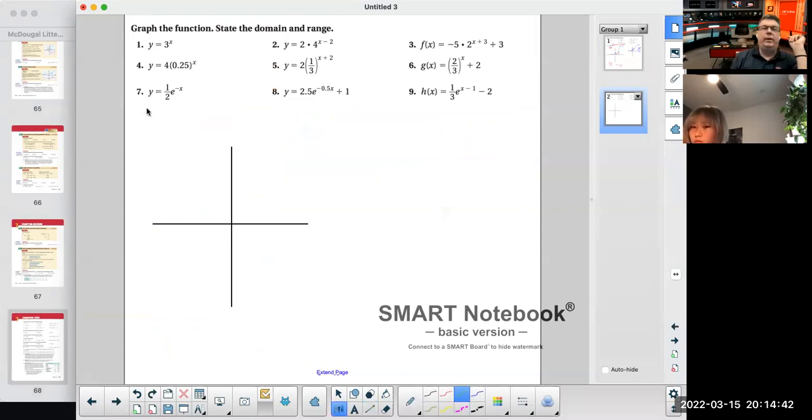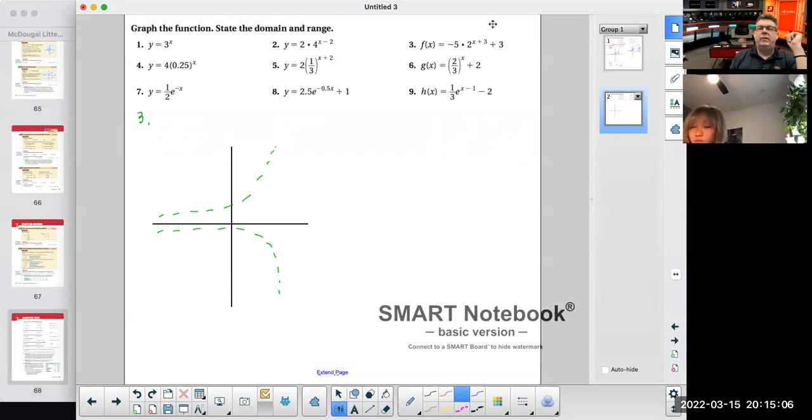So for number 3, what is the negative going to do? Flip it. It certainly is. So it's going to go from here, and it's going to look like this. Okay.